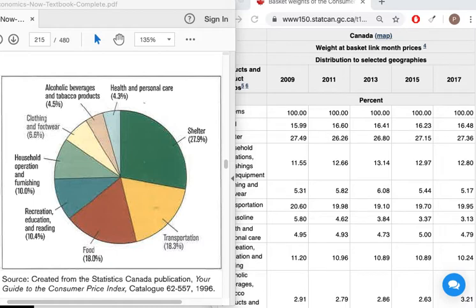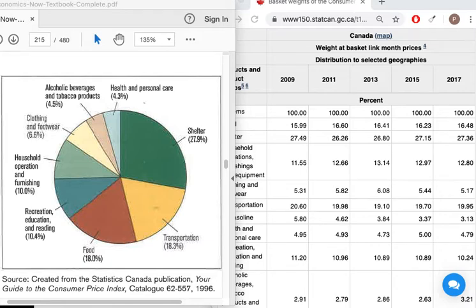You'll see the big, large green portion of the pie being shelter at 27.9%. That's saying that the typical household will spend 27.9% of their income on shelter, and 18.3%, the yellow, on transportation, 18% on food, 10.4% on recreation, etc.